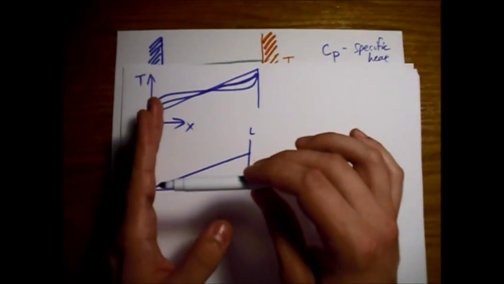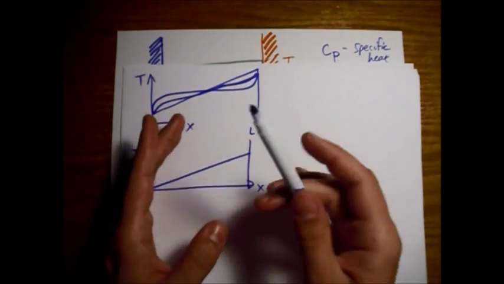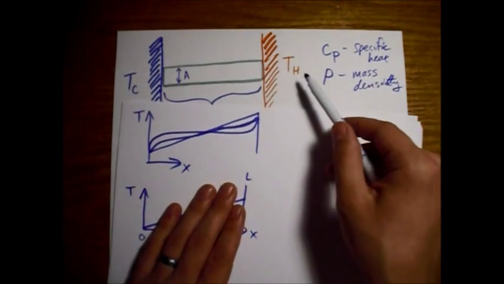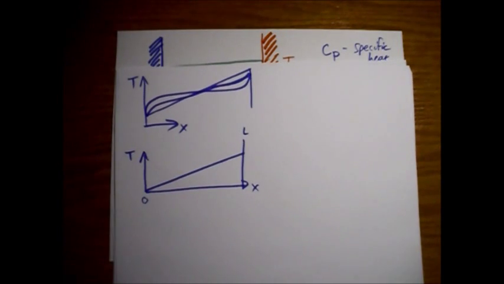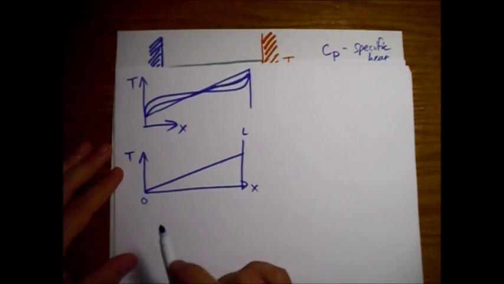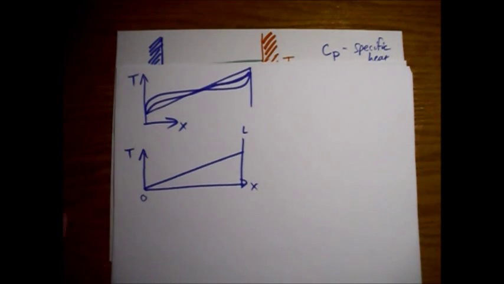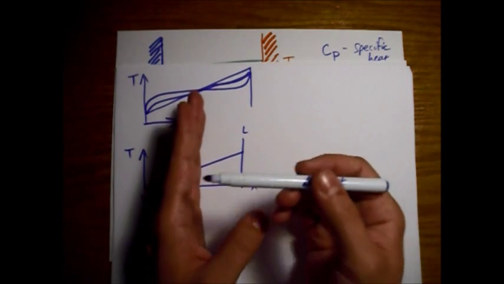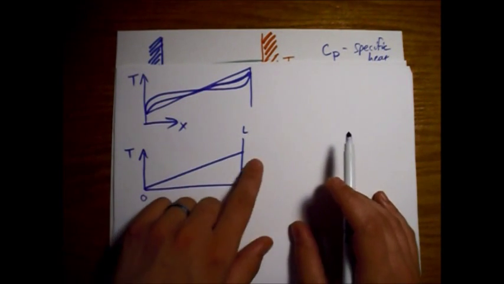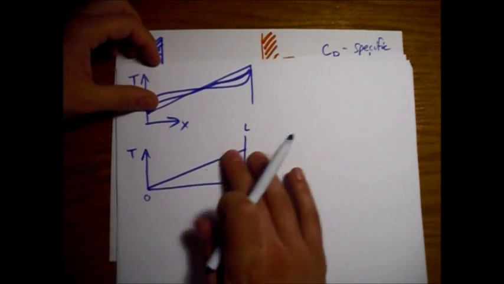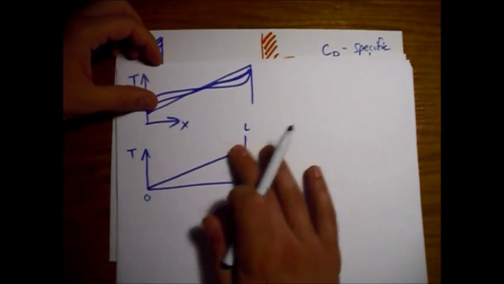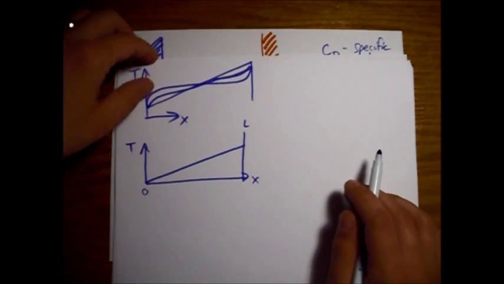There's as much coming from the T_H side as there is leaving. So energy is flowing through the bar, but there's just as much entering each section as there is leaving it, so each section stays at a constant temperature, and you end up with an equilibrium profile just like this. It's just a straight line.